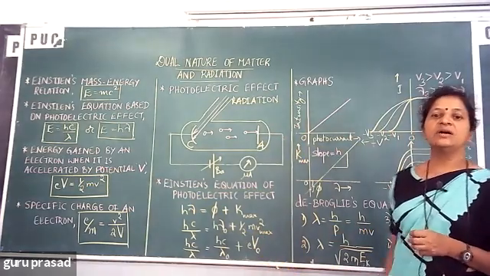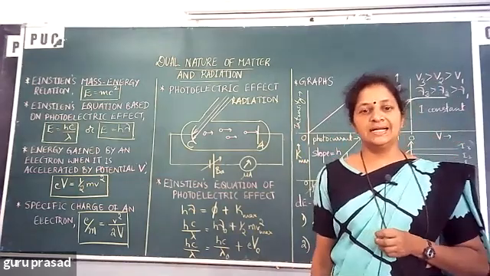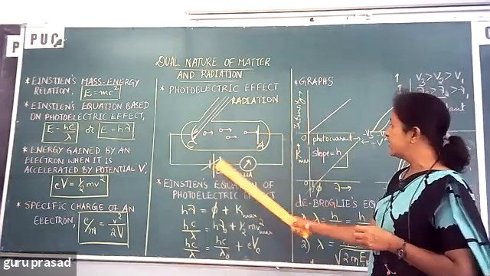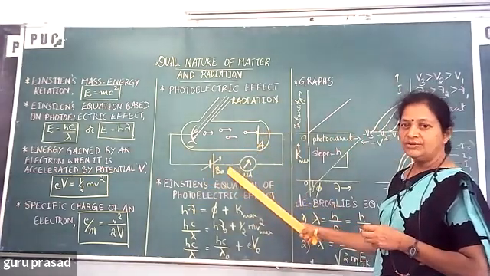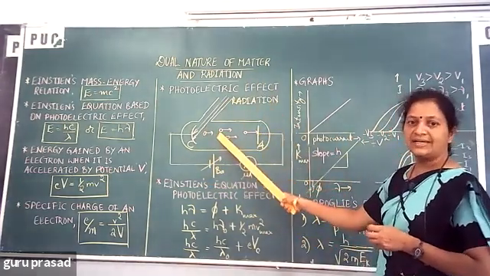So Vs or V naught is the cutoff potential or stopping potential or retarding potential. What is that? It is the minimum negative potential of the anode when you reverse it. When you reverse it, the anode becomes negative, but photoemission will definitely take place.